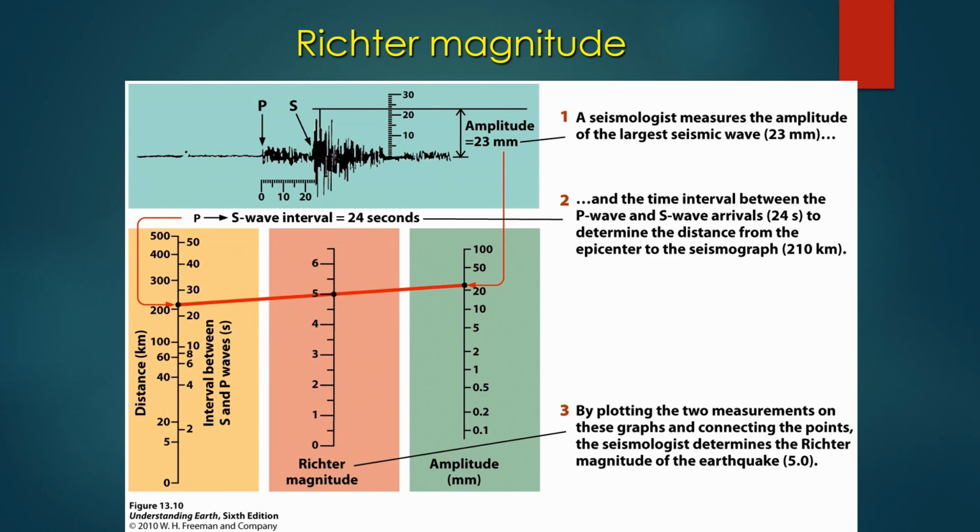the largest recorded seismic wave and the distance from the epicenter to the seismic station. The chart used to determine the Richter magnitude consists of three scales. The scale on the left is the distance from the epicenter to the seismic station.